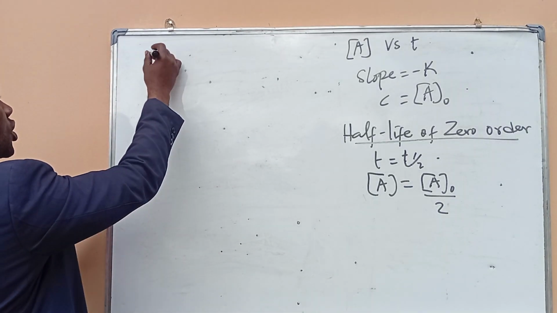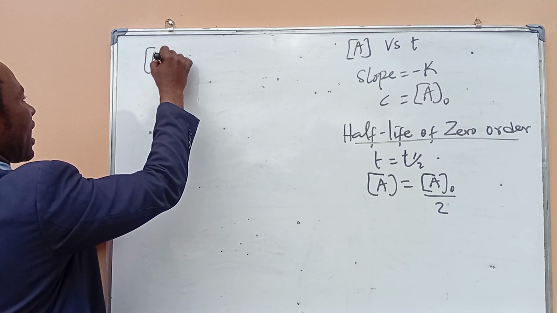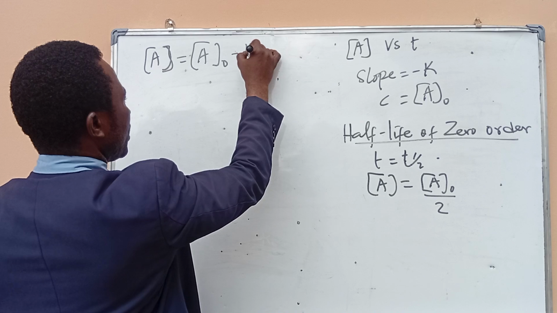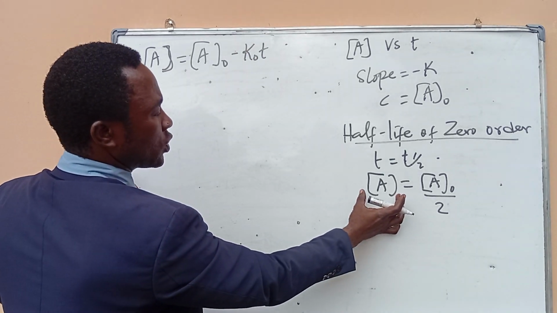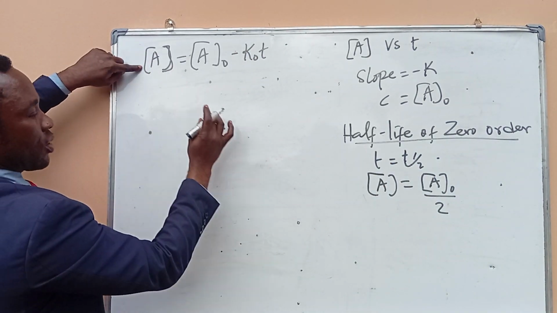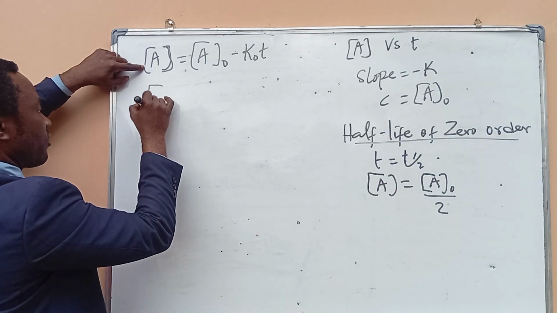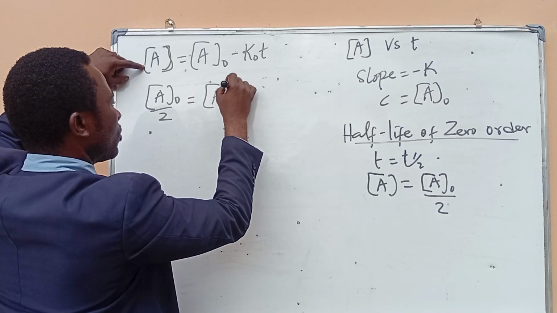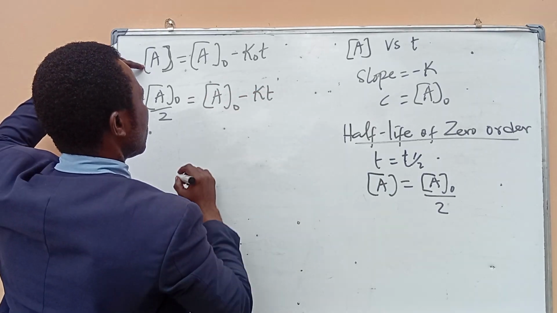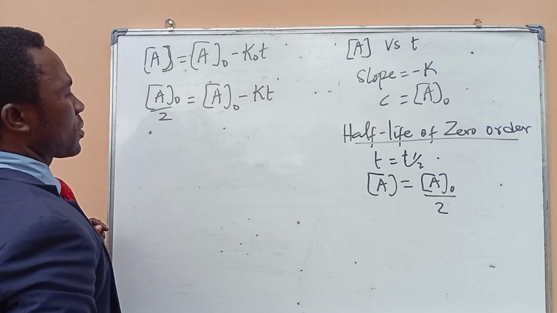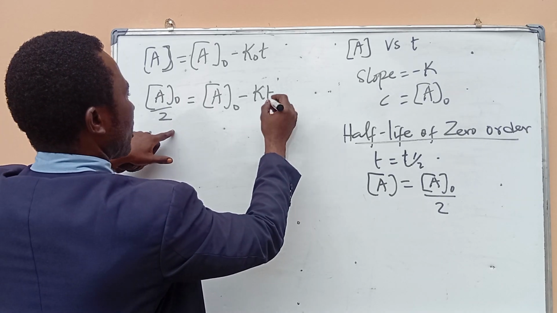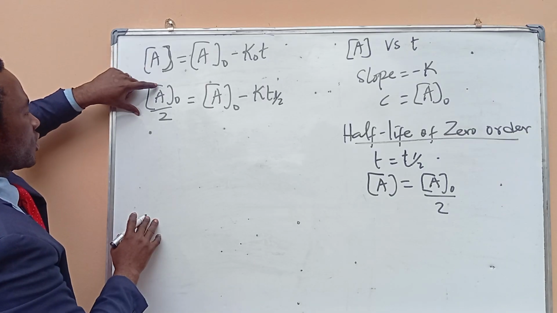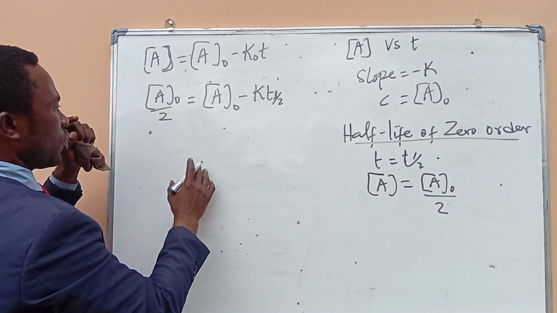Now, if we take this, we'll find that from the equation, final concentration equals the initial concentration minus K0T. Let us now put A equal to A0/2. So we have A0/2 equal to A0 minus KT. This time now becomes the half-life, because A final becomes A0/2.